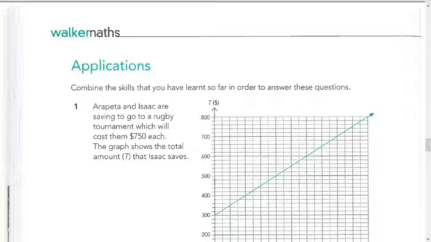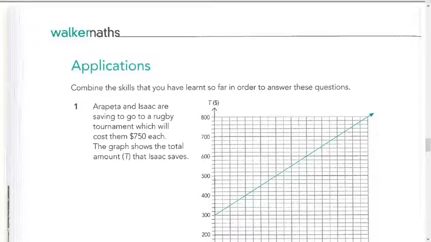So look at number 1. Arapeda, I don't know, and Isaac are saving to go to a rugby tournament, which will cost them $750 each. These people love rugby. The graph shows the total amount that Isaac is saving, and T is the total amount.